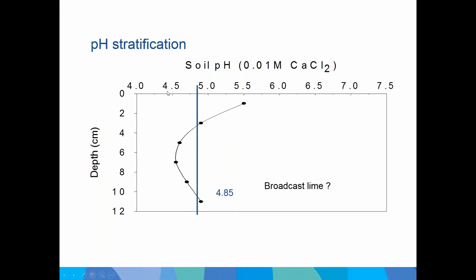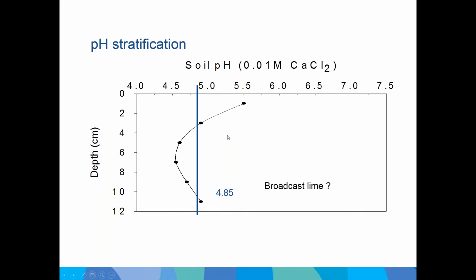What is your trigger point? At what point do you say I'm going to lime? For the purpose of this discussion, I don't like acid soil, so I'm going at 4.85. I want to grow a sensitive crop in a couple of years' time, so I want to get my pH addressed. I want to get the aluminium out of the profile, so I'm going to lime.